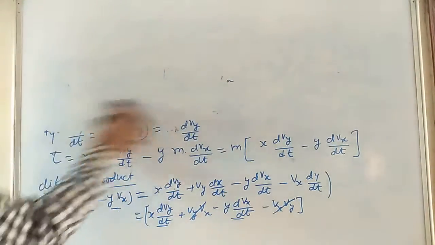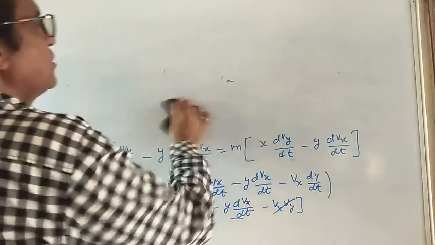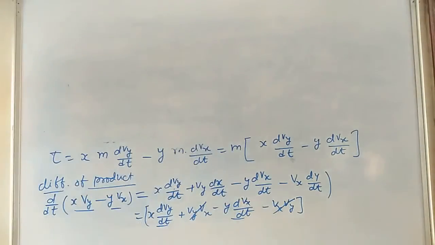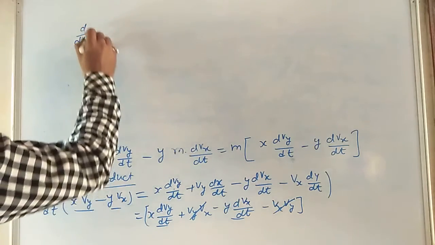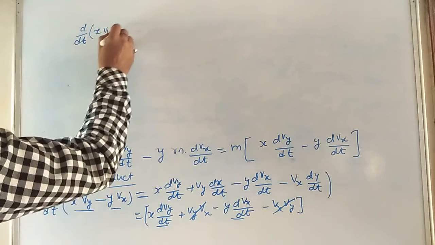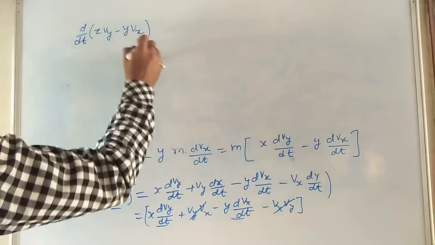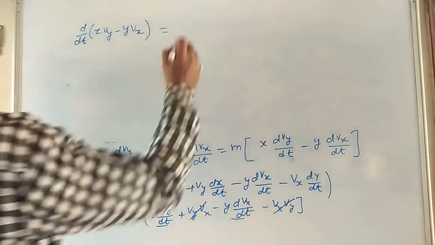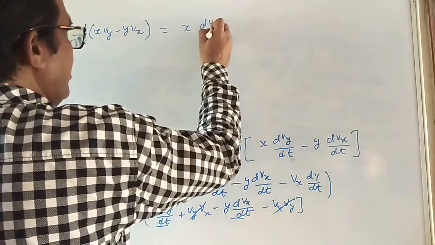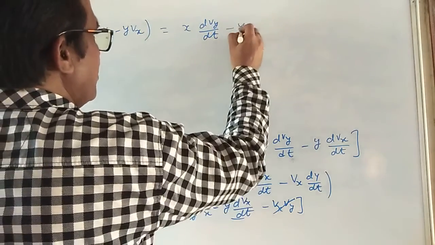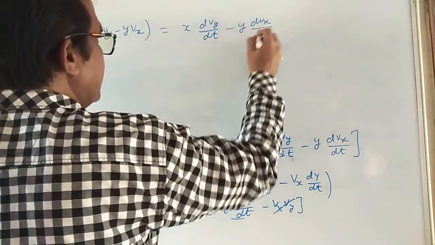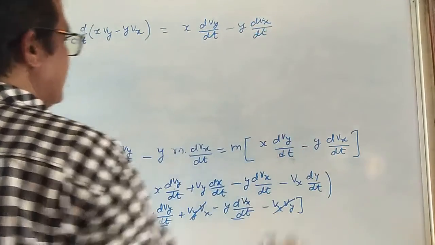Let us see what we are getting. So here d by dt of x vy minus y vx is equal to x dvy by dt minus y dvx by dt. See this equation.